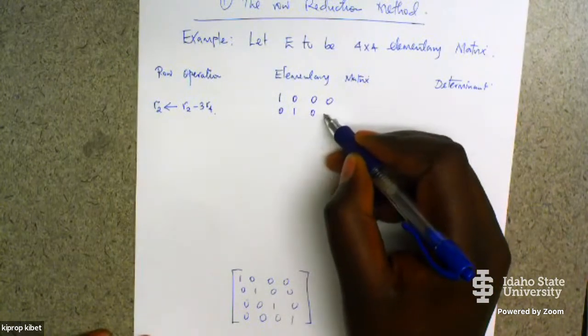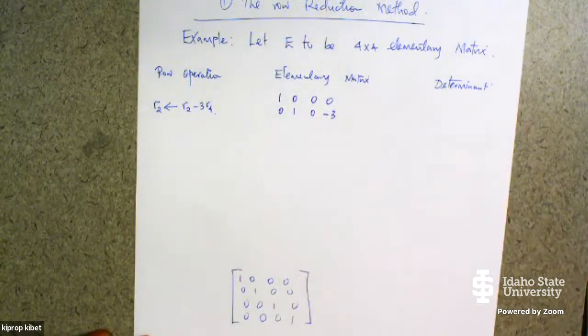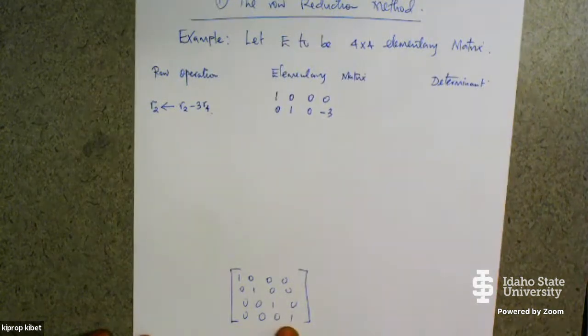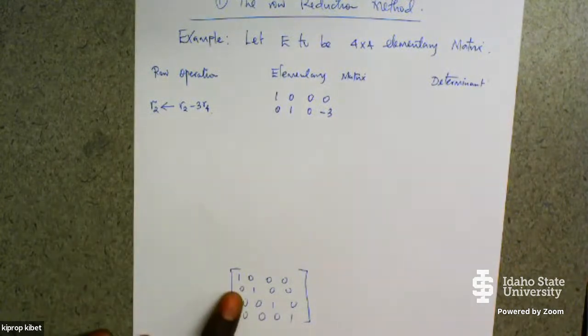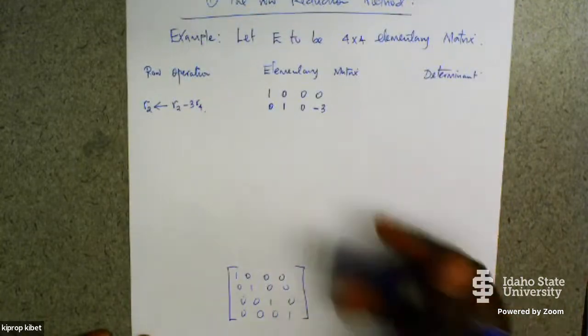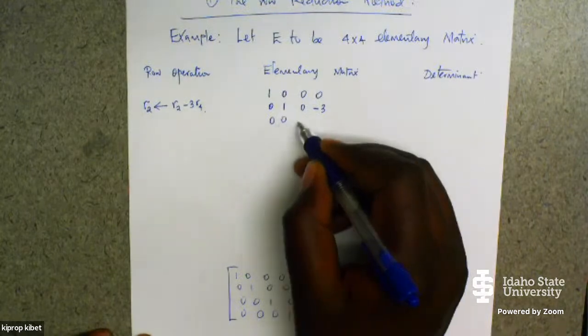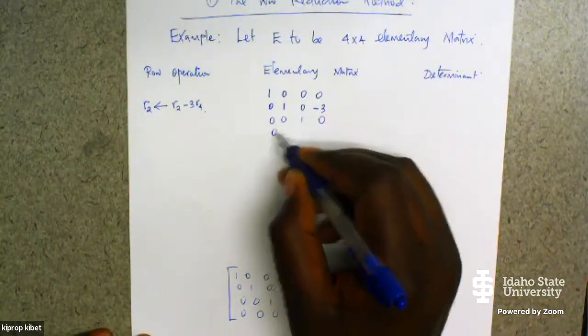The new R2 is R2 minus 3R4. The first row remains the way it is, the second row is 0, 1, 0, and the last entry is -3. All the others remain the way they are.